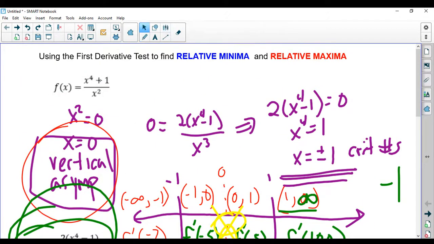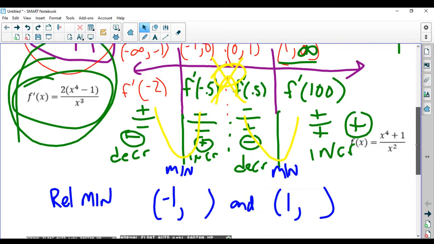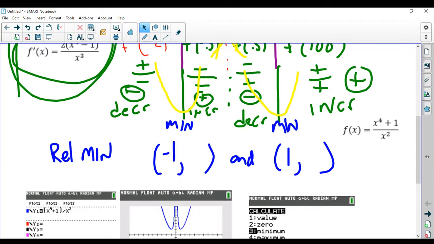Let me grab that, bring it down. So when you want your points, you're plugging the -1 and the 1 into the original function. So when you plug -1 into it, you'll get 1 plus 1, which is 2, over -1 squared, which is 1. So it's going to be 2. If you plug in 1, you'll get a positive 2 over 1, which is 2.